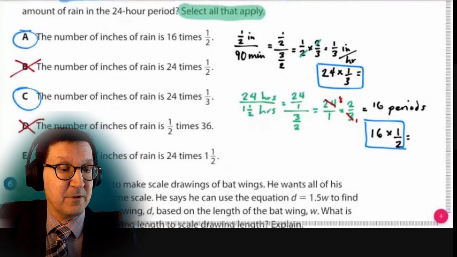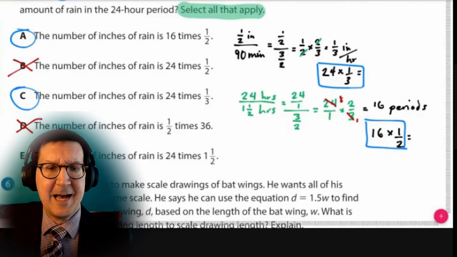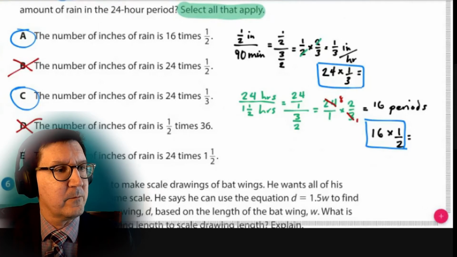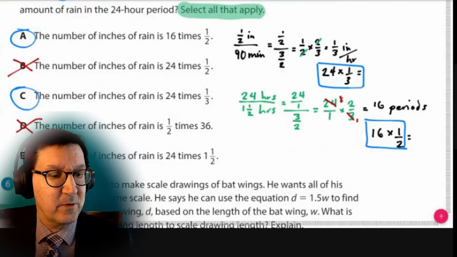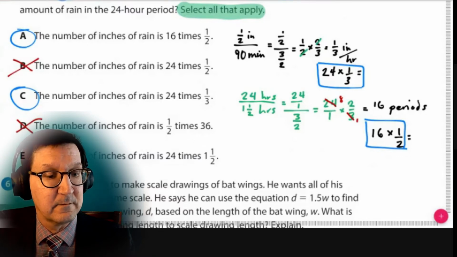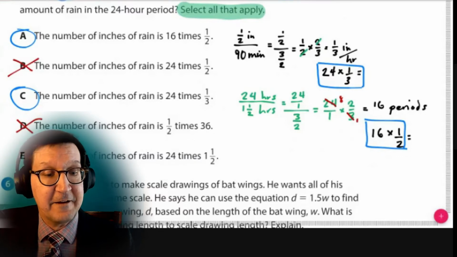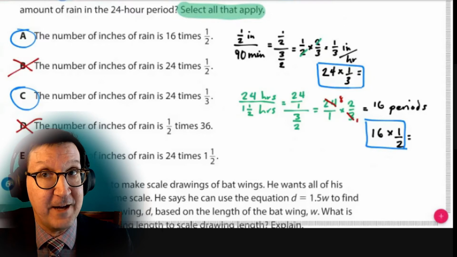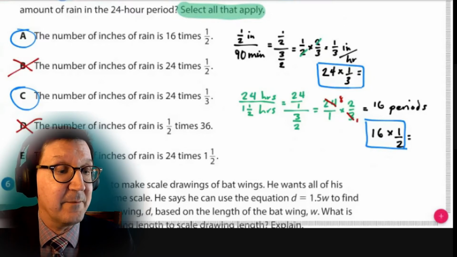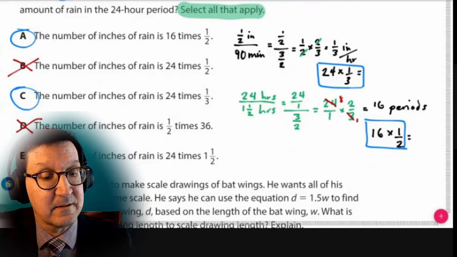And how about the number of inches is 24 times 1.5? Well, that wouldn't work, would it? Because 1.5 isn't the amount of rain that's falling. That's the amount of 90-minute time spans.